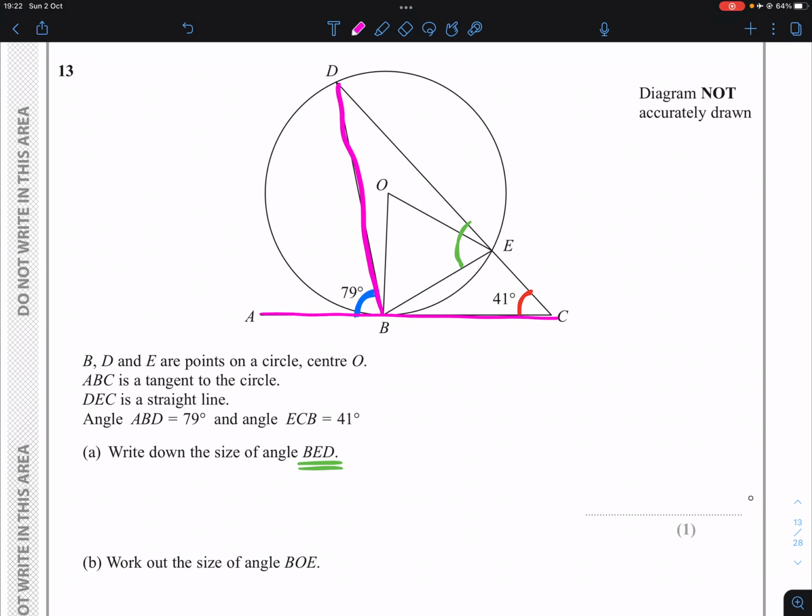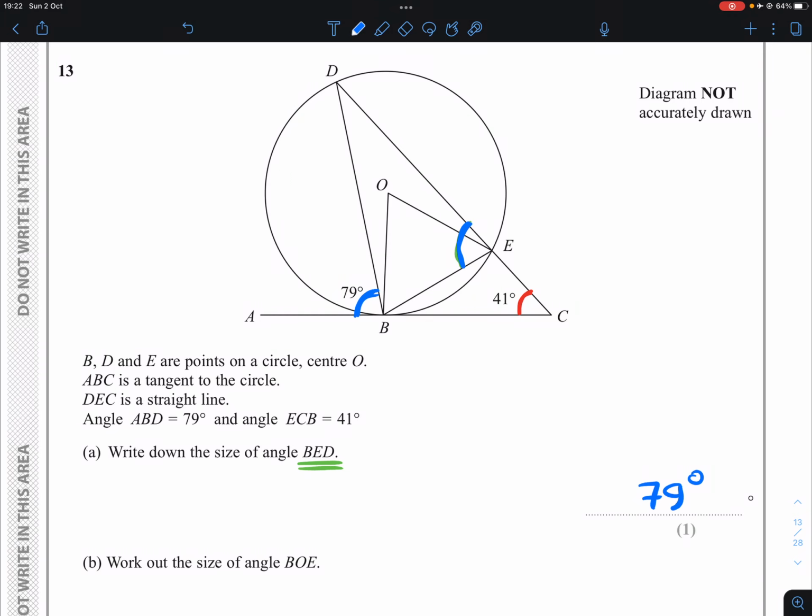So that is the angle that's created using these two ends of the chord that is drawn in the other segment here, means that these two angles here and here are equal. So although I drew it in green, technically that angle is blue. So I can quote straight away that our angle BED is 79 degrees.